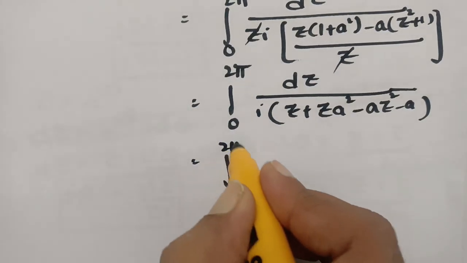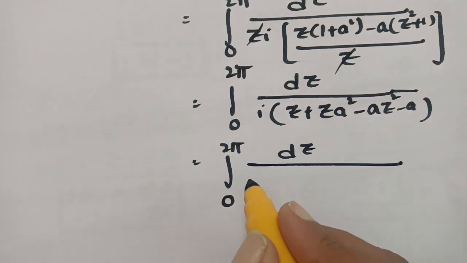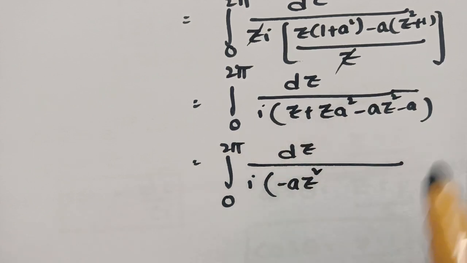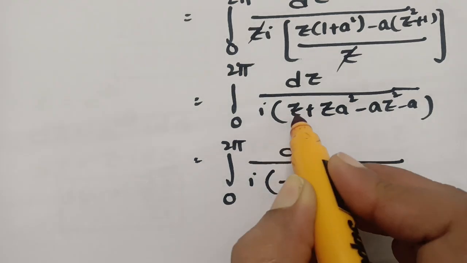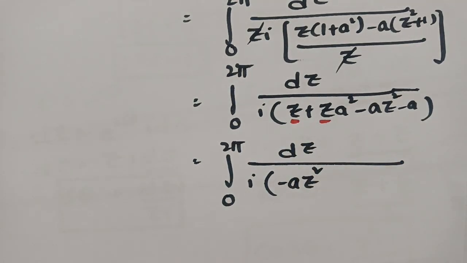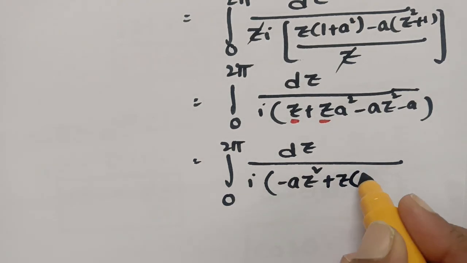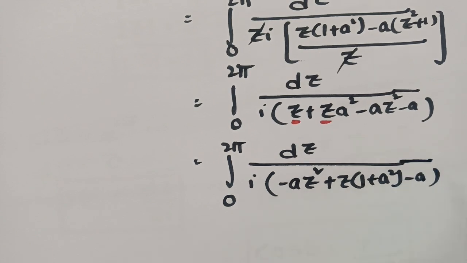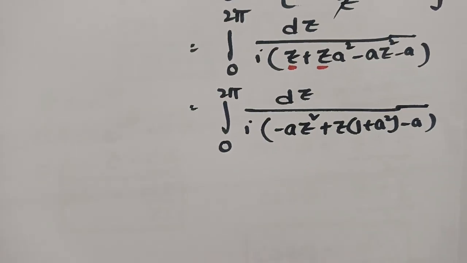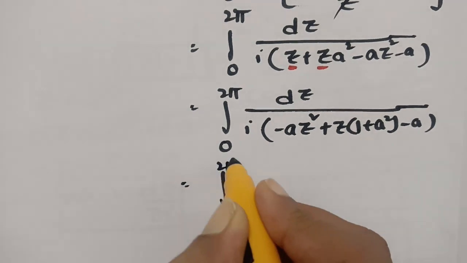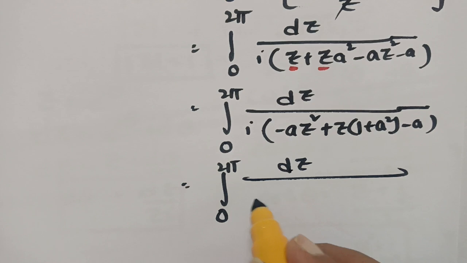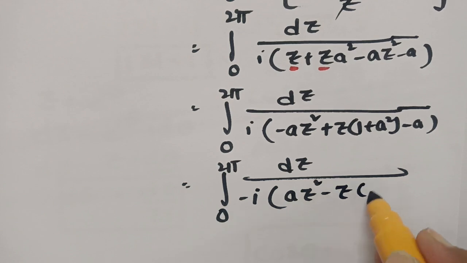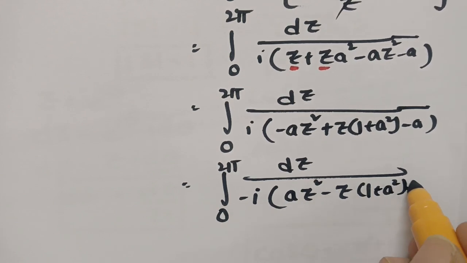So this will be the integral of dz by i times of minus a z² plus z times (1 plus a²) minus a. Clearly, if I take minus common from these, this will be minus i times of a z² minus z times (1 plus a²) plus a.